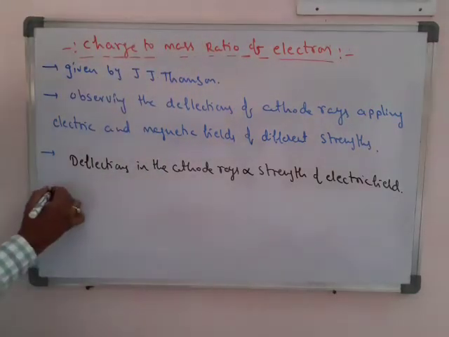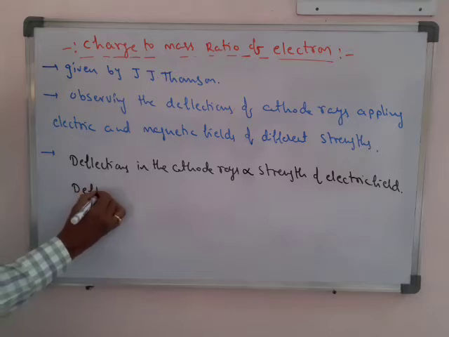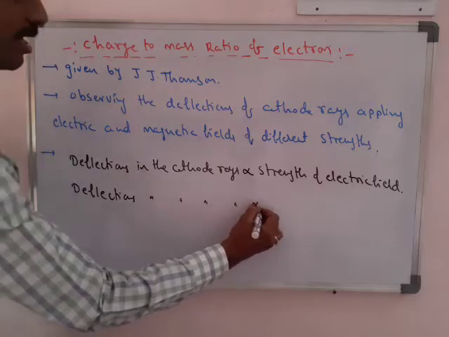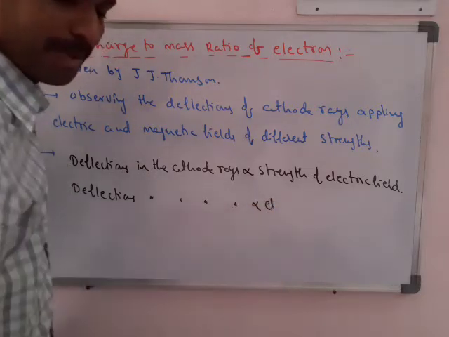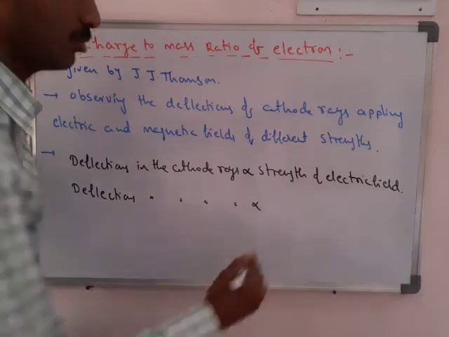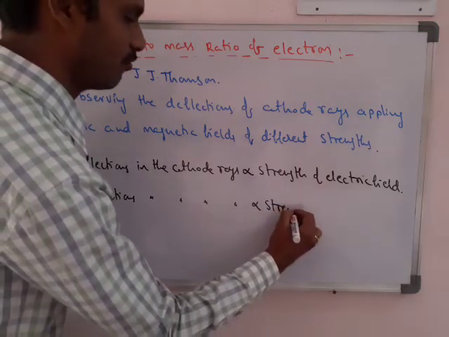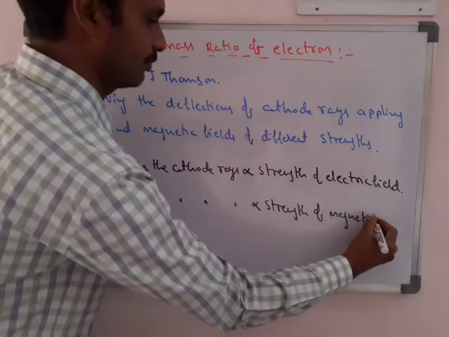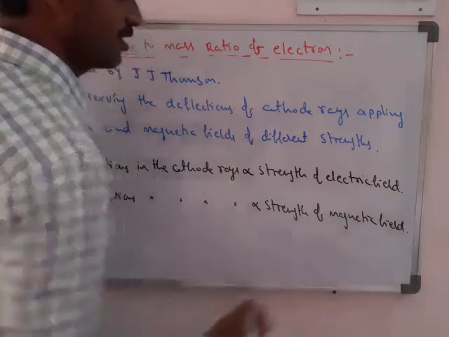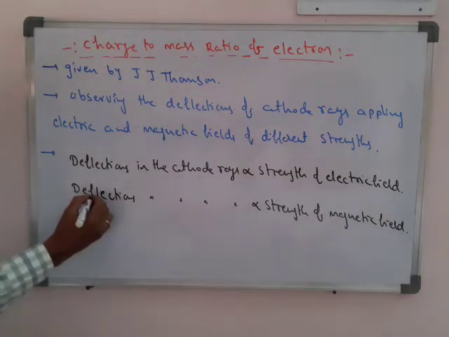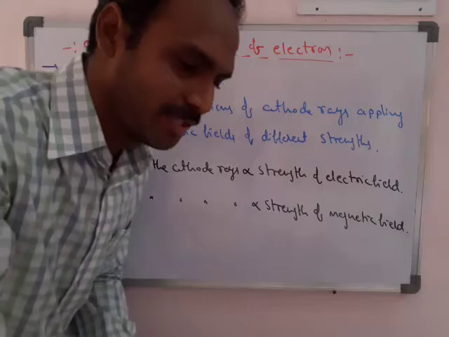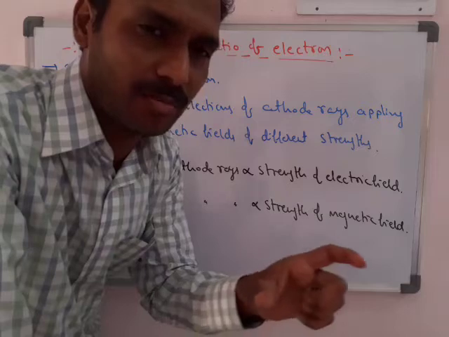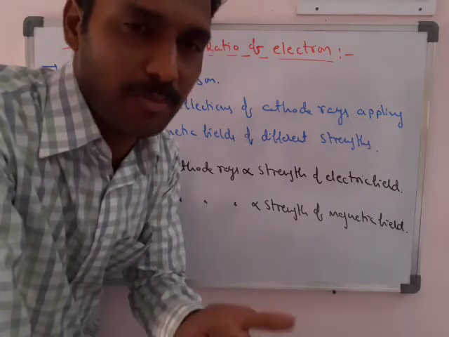Okay, in the same way he also gave that the deflections in the cathode rays are also directly proportional to the strength of the magnetic field. Here one more important point: since electrons were discovered, all electrons are the same type of particles.